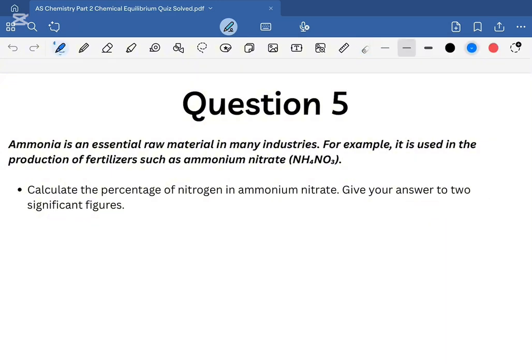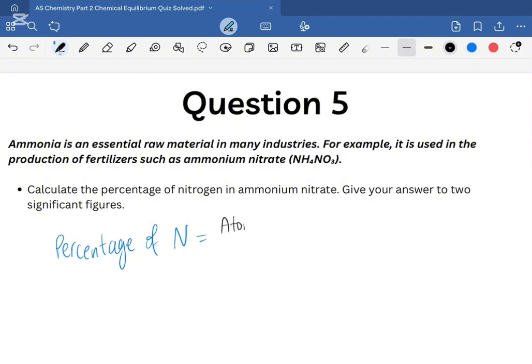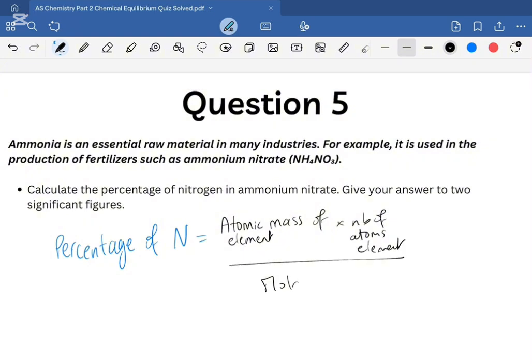So, to find the percentage of nitrogen, we're going to use this formula: atomic mass of the element times the number of atoms for this element over the molar mass of the compound.